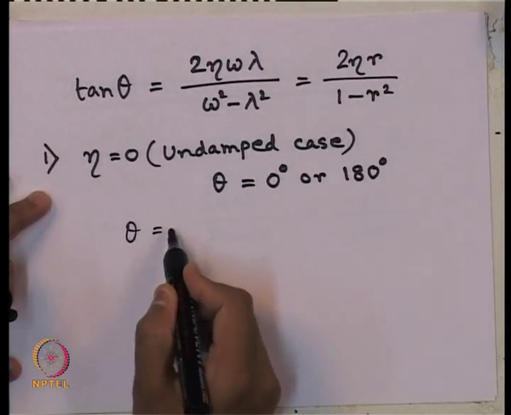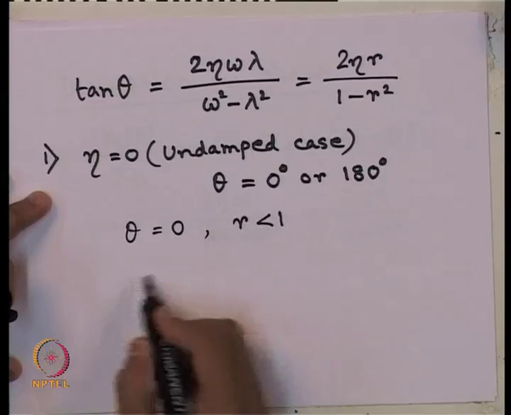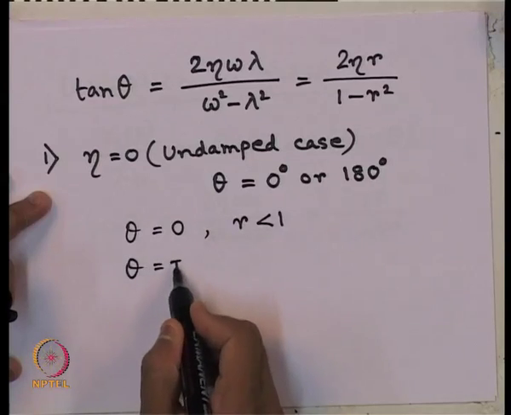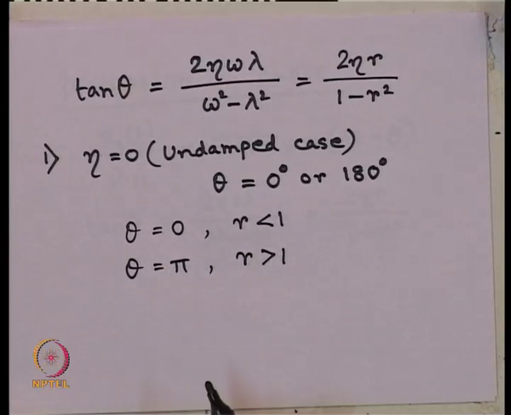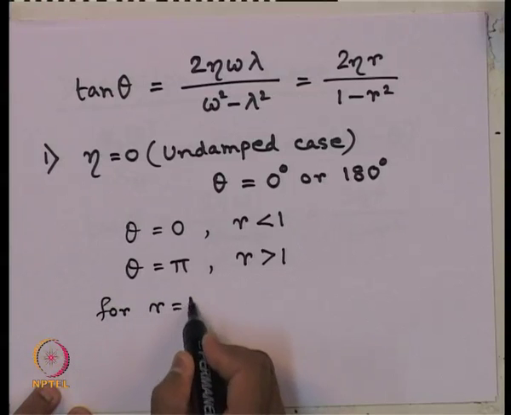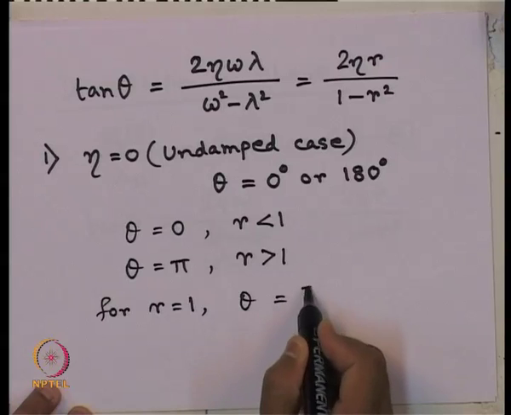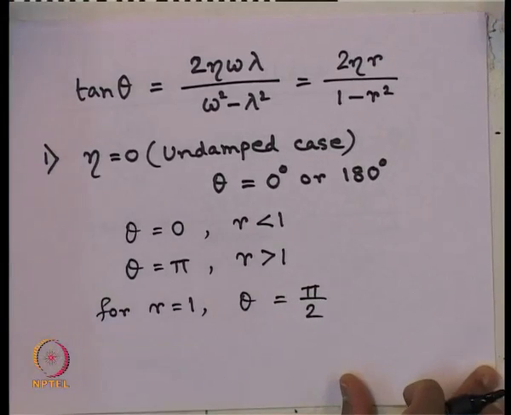So, theta is equal to 0 when r is less than 1 and theta equals 180 when r is greater than 1, and for r equals 1, theta will be equal to pi by 2. This is for the undamped case.